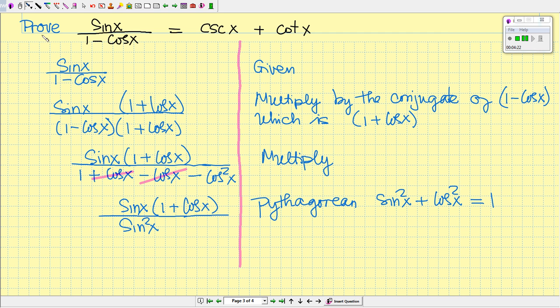Now we go ahead and cancel out or divide the sine of x. So what we have left, so I'm going to go ahead and make a quick note over here. We also simplify. And so what we have left will be just 1 plus cosine x over sine x.